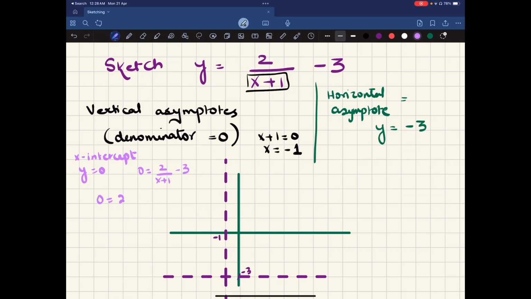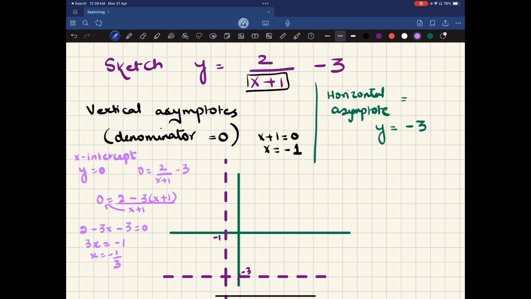Then 0 equals 2 minus 3 times x plus 1, because we cannot carry out addition or subtraction of fractions until we have the same denominator, right? So we're going to multiply 3 with x plus 1. This is going to get multiplied with 0 and it will get eliminated. So 2 minus 3x minus 3 equals 0. 3x equals 2 minus 3, which is minus 1. x equals negative 1 over 3.